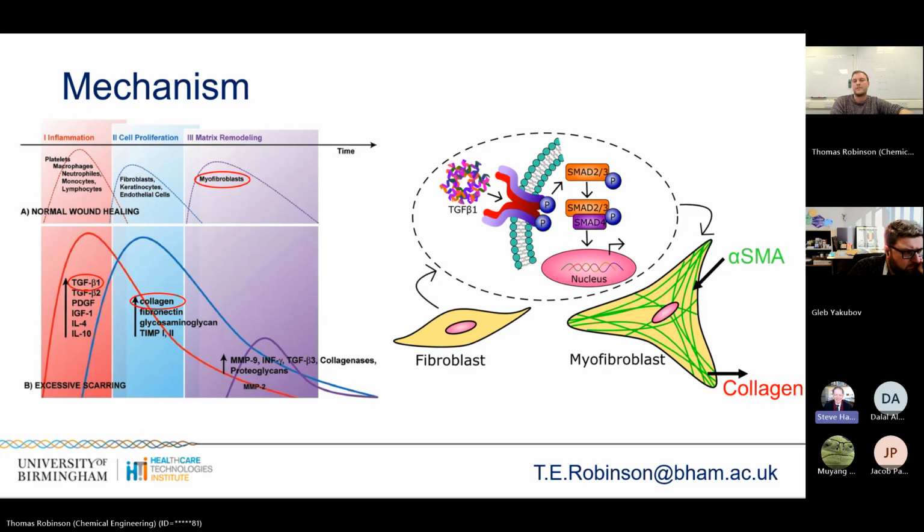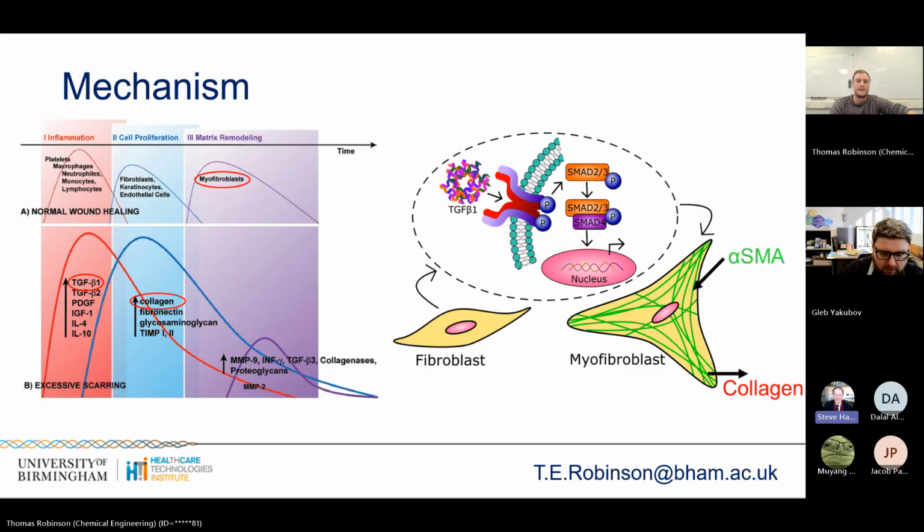They do that basically through two mechanisms. One is by laying down new material, and the other is by closing it up. That's where these myofibroblast cells come in. By a complicated mechanism, but one of the key players is this protein called TGF-beta1, which is what we're here to do with Richard and Steve, which causes normal fibroblast cells, the normal cells in your skin, to turn into these myofibroblast cells.